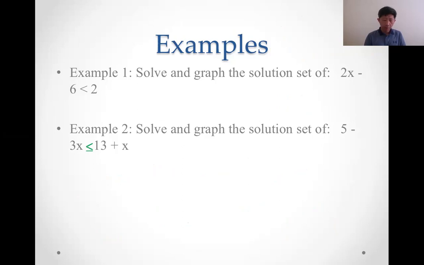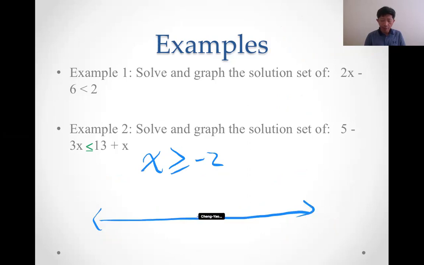Okay, now the answer we found is x is greater than or equal to -2, and on the number line we have 0, -1, -2, -3 like this. Now -2. How do we graph this?